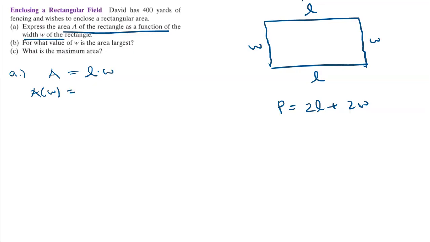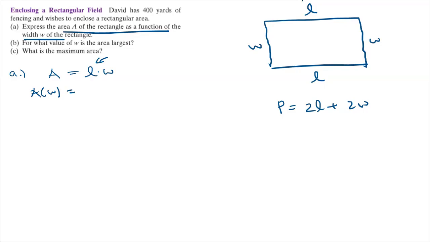What that means is that right now we have two variables, so we need to rewrite it in terms of only one variable, preferably W. That means we need to figure out how to replace L, and this is where the other equation comes into play.